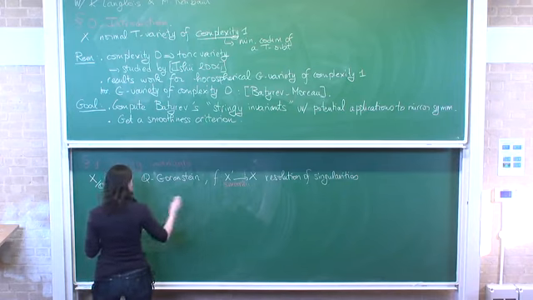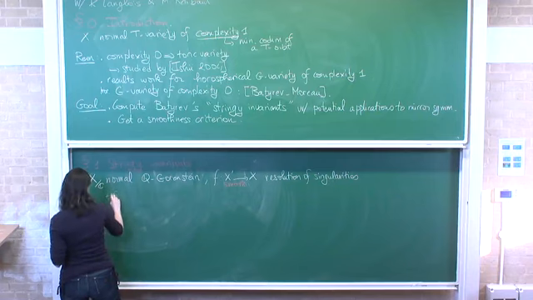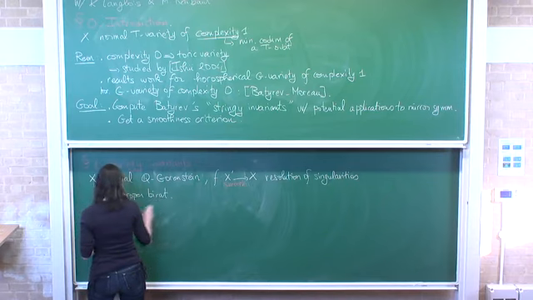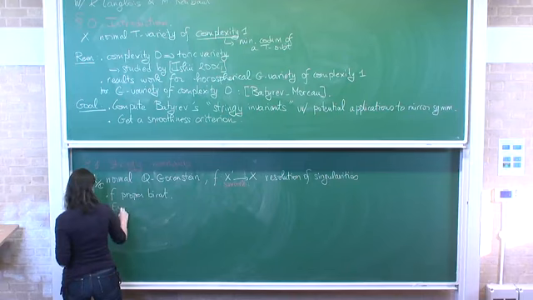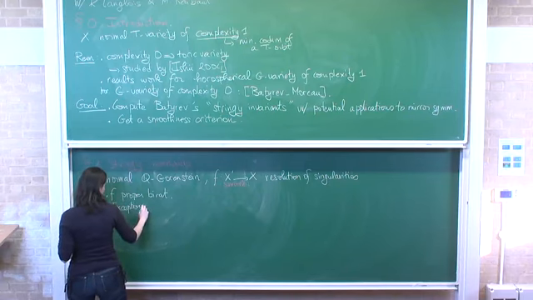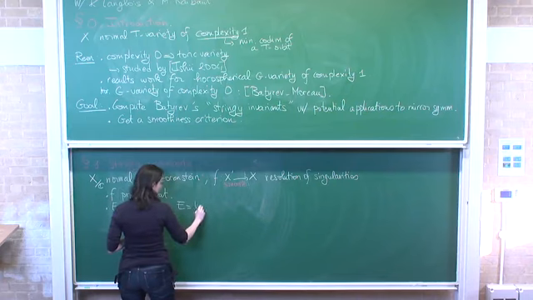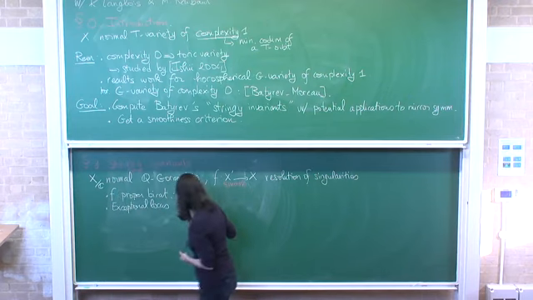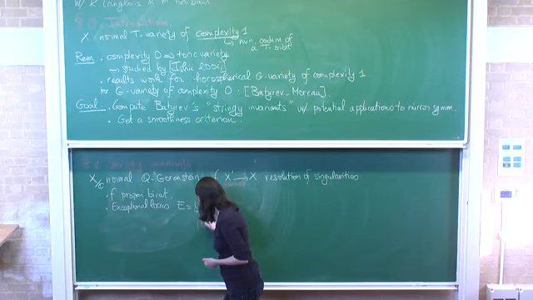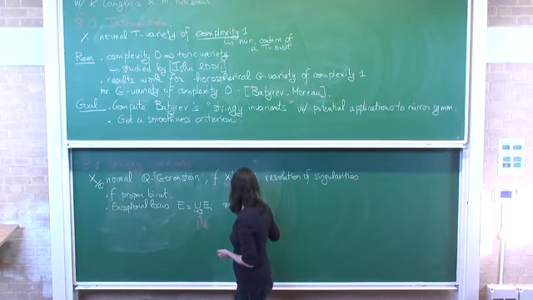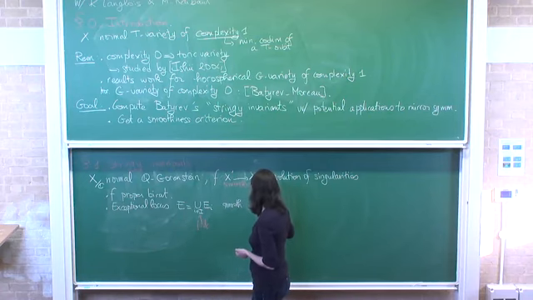So E is the union of some E_i, this is a finite set, and these are smooth and normal crossings divisors.